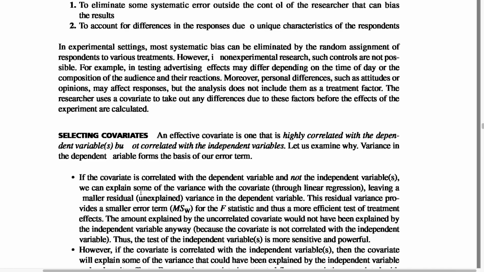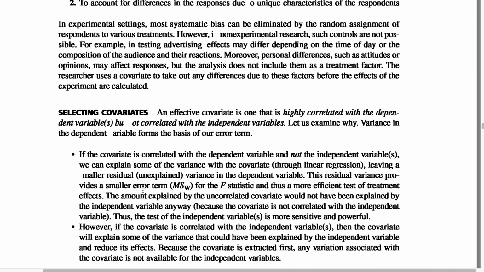Let's talk about selecting covariates. An effective covariate is one that is highly correlated with the dependent variable, but not correlated with the independent variable. Let us examine why. Variance in the dependent variable forms the basis of our error term.